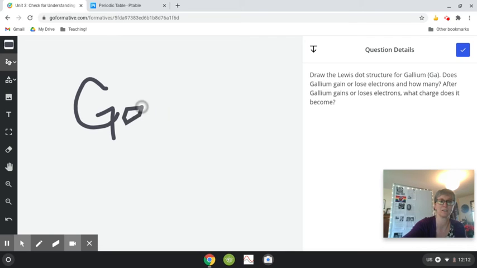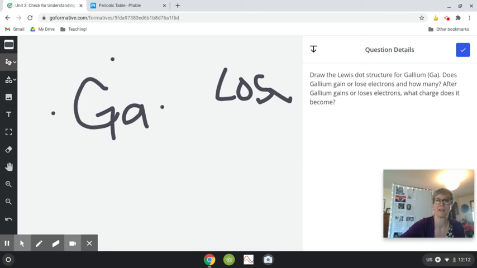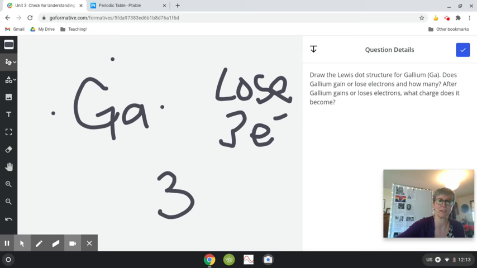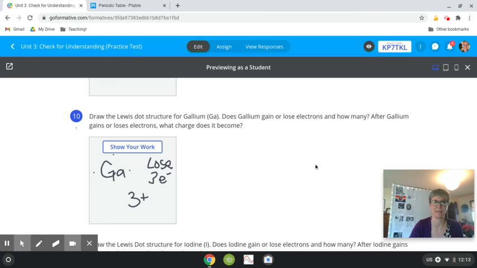Capital G, lowercase a, you have 3 valence electrons, and it is going to lose electrons. It's going to lose 3 electrons because metals lose electrons. And what charge when you lose 3 electrons would be a 3+. So that would be an acceptable answer for question 10.